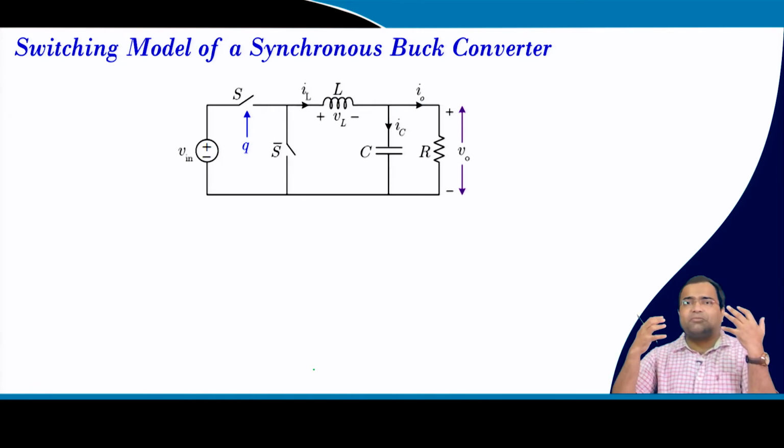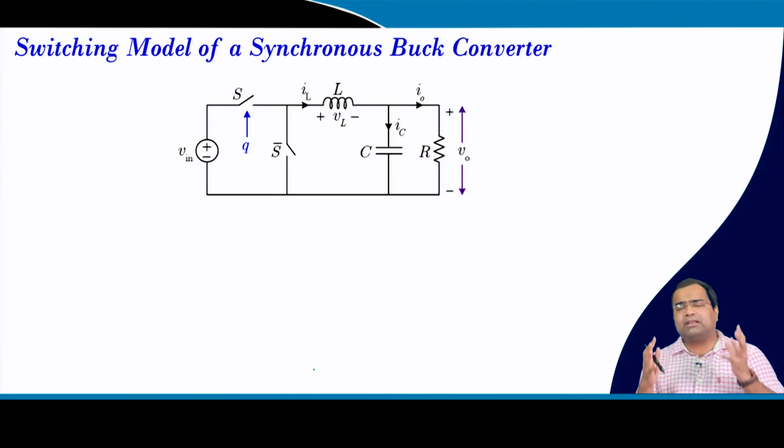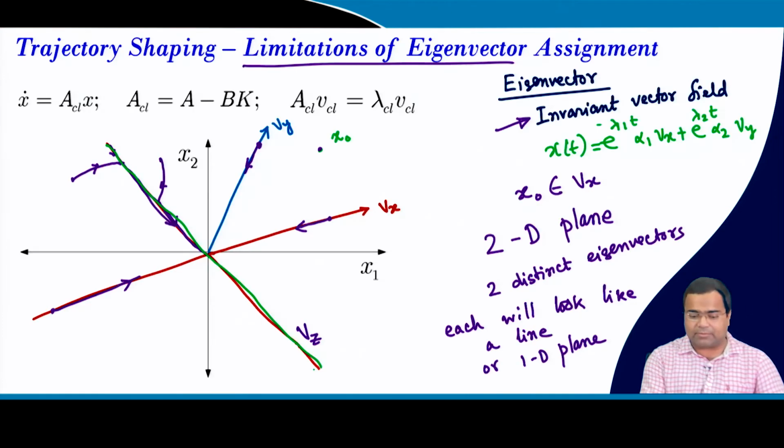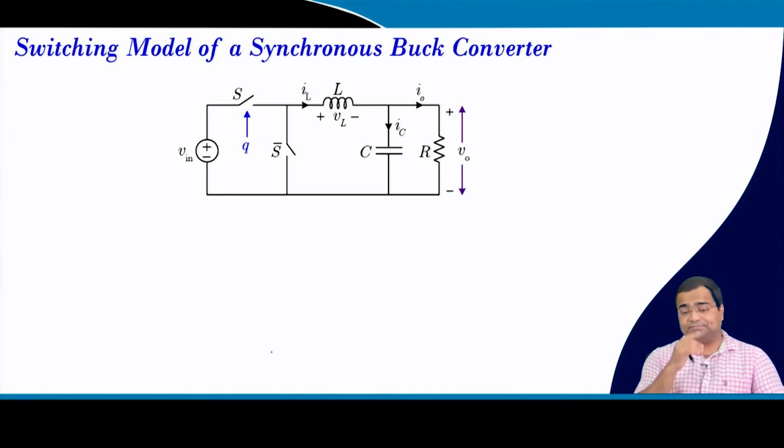In a DC-DC converter, the control itself is discontinuous, because we have a switch that turns on and off, and you get two different subsystems, and each subsystem we want to drive in a way so that our resultant motion is along the desired trajectory, that means along the green line. That is one of the objectives.